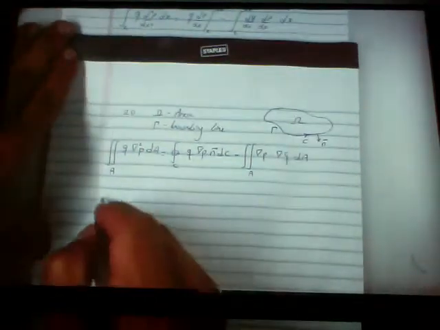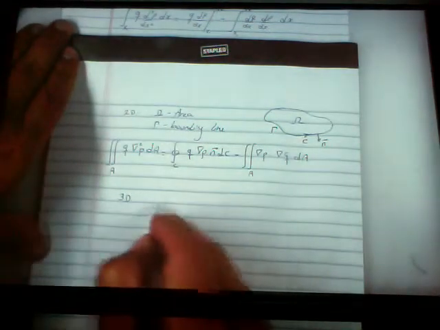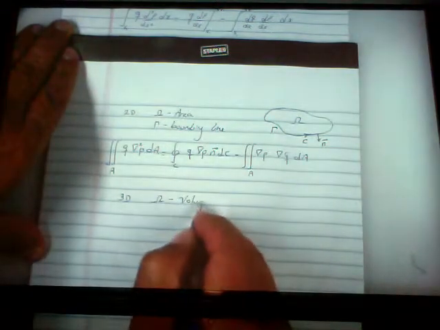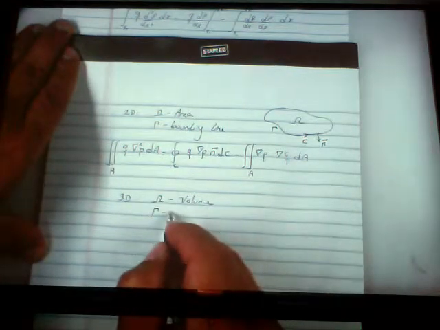And likewise, in 3D, omega is a volume, and gamma is the bounding surface.